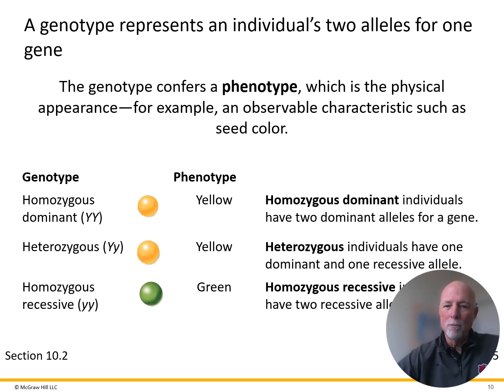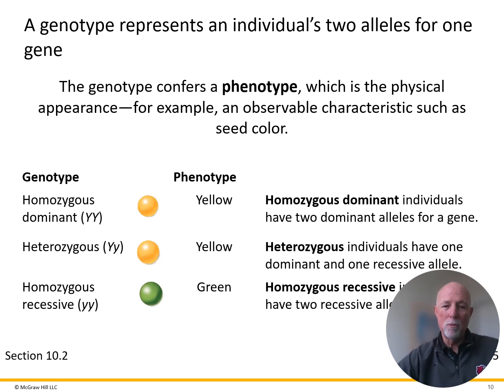A couple of other terms we need to talk about. There's what we call a genotype, and then there's what we call a phenotype. A genotype is what the two genes for that trait are in your genome. In this particular plant, both genes are dominant.